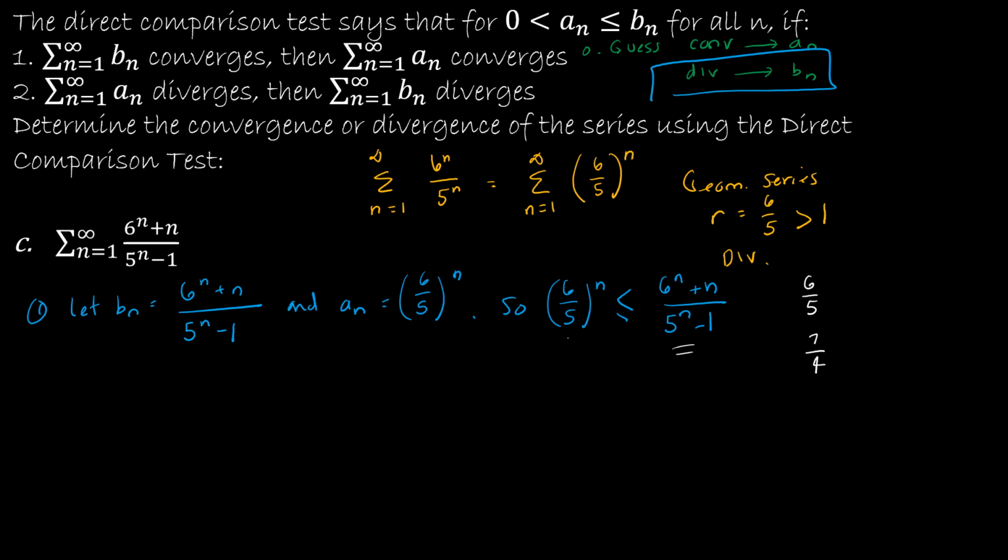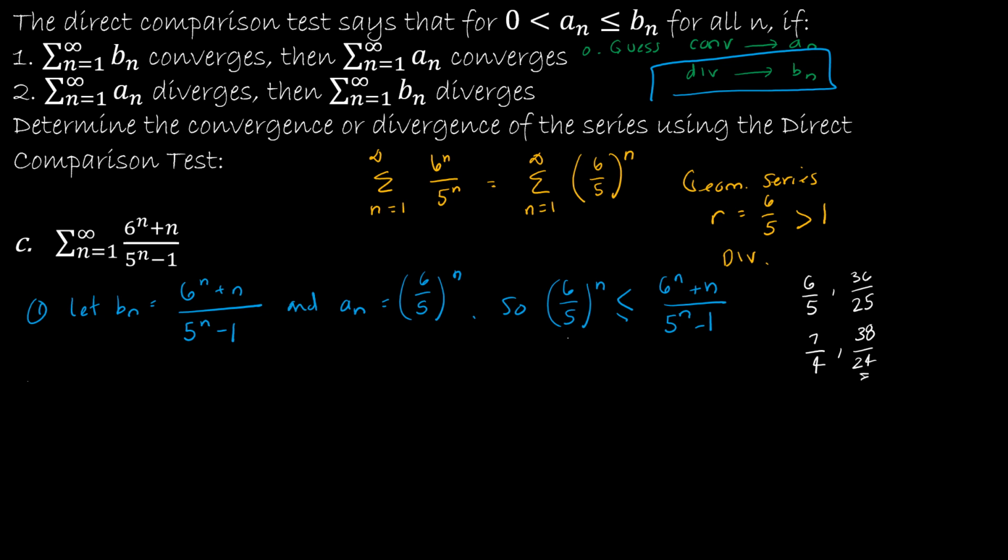Okay, let's look at one more just to be safe. So this would be 36/25, and this guy would be 36 plus 2, so 38, and then 25 minus 1, 24. This guy's bigger. So again, yes, that's true.